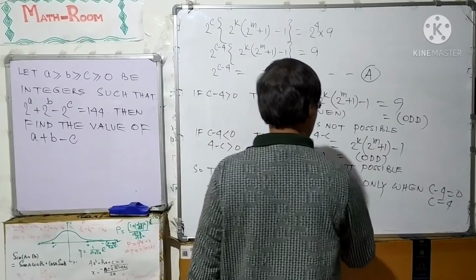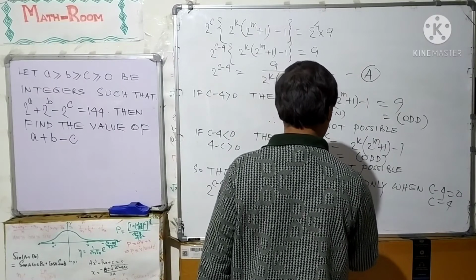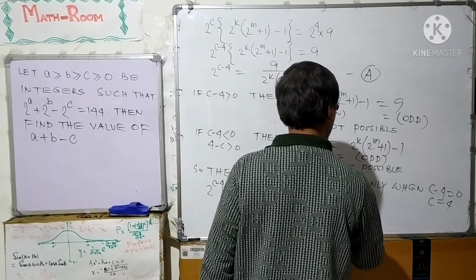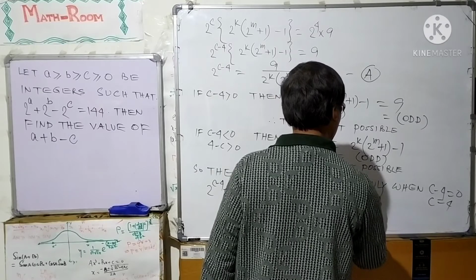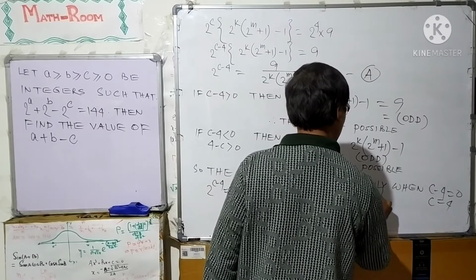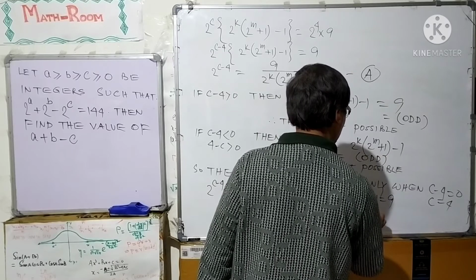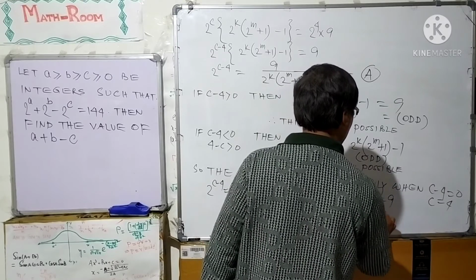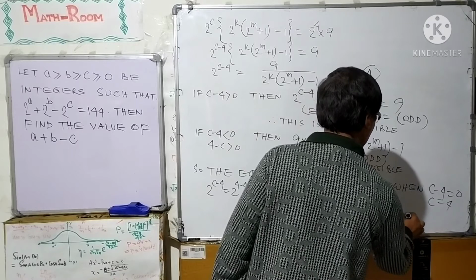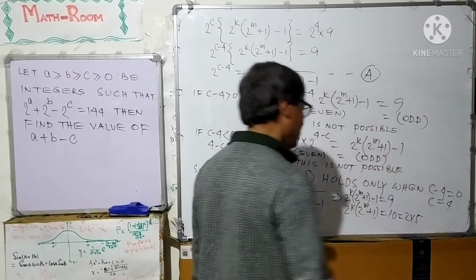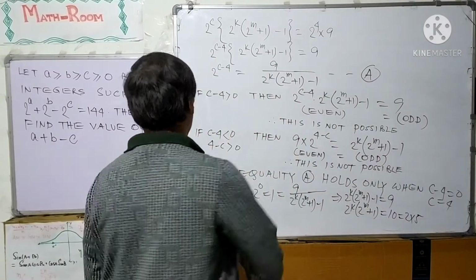So, this implies 2 to the power k into 2 to the power m plus 1 minus 1 equal to 9. 2 to the power k into 2 to the power m plus 1 equal to 10, that is 2 into 5.